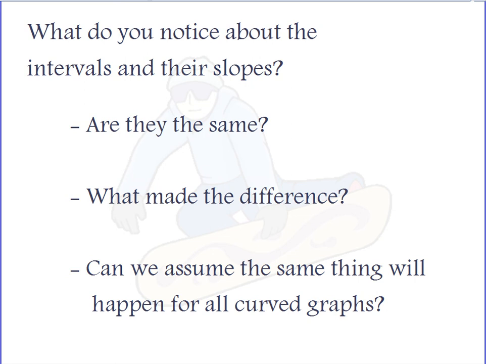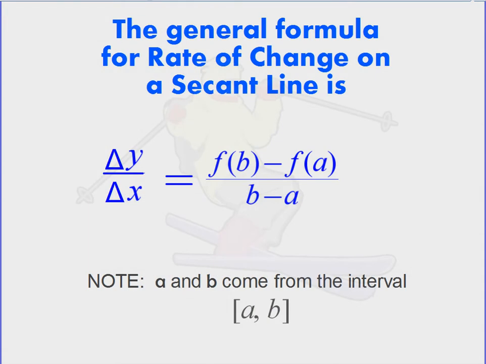Now, just like finding slope without a graph was not quite as straightforward and we had to have a formula, if we don't have a graph to find the rate of change or the average rate of change, we also require a formula. If we're just given the function, we are going to use this new formula to find average rate of change over an interval.